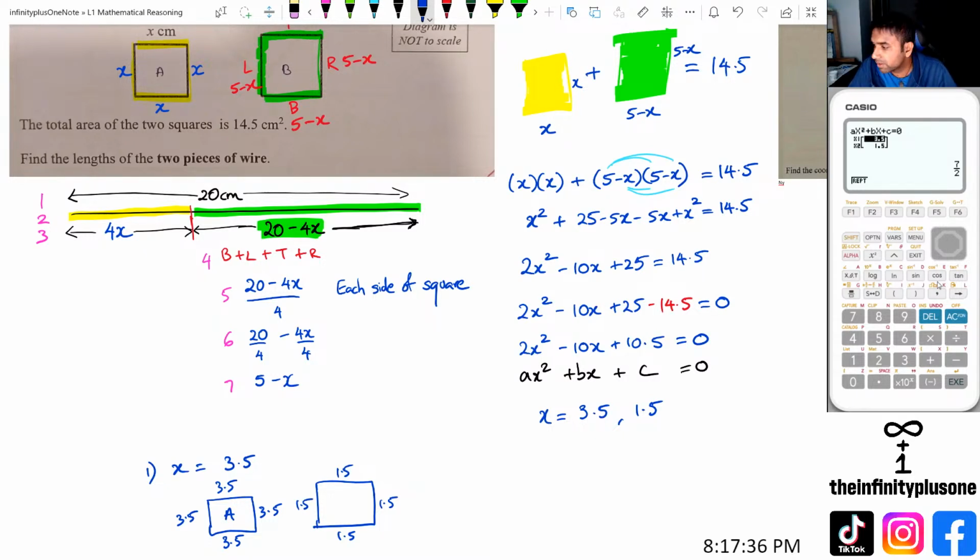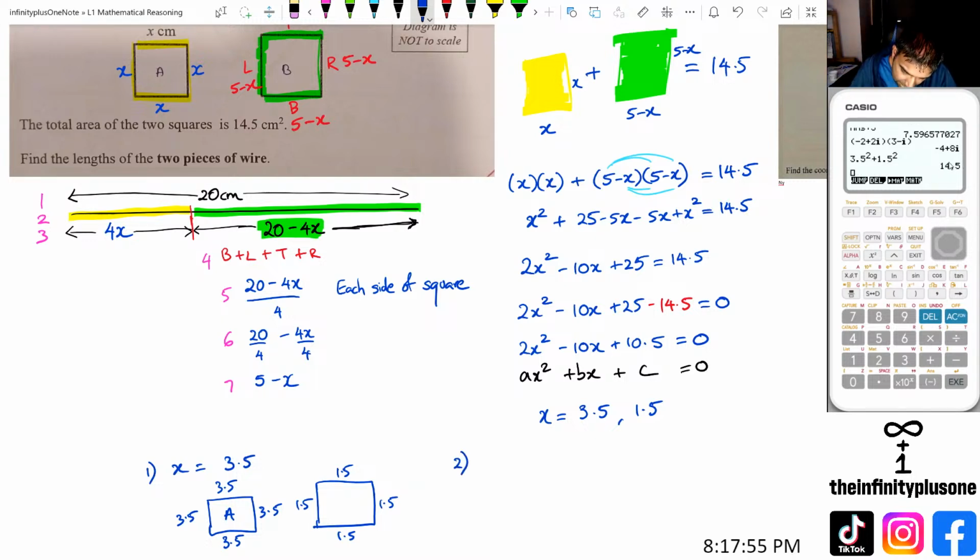If you work out the area, it's 3.5 squared, because base times height is 3.5 times 3.5, plus 1.5 times 1.5 for the second one. We actually get 14.5. So that was the original answer.